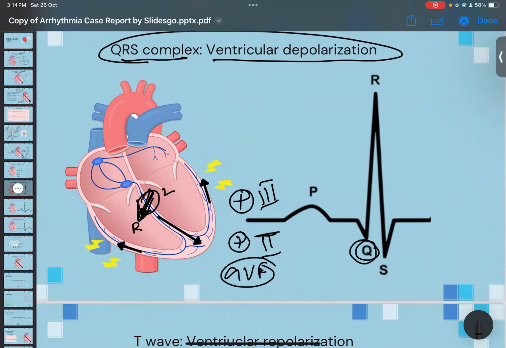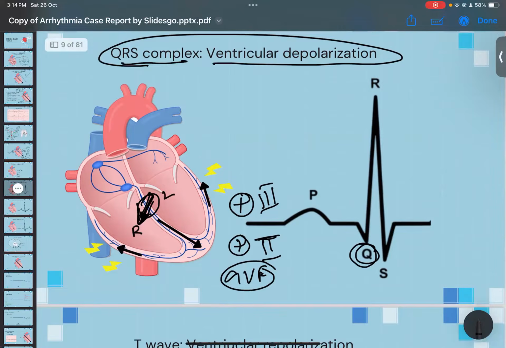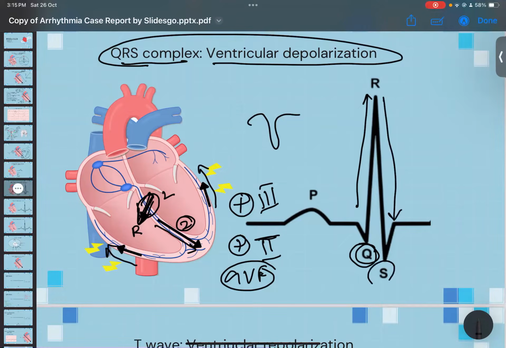Then the next part of ventricular depolarization happens when the electrical activity goes downwards. The vector now points towards these positive electrodes, and you get a strong upward deflection. Then the electrical activity moves upwards to depolarize the rest of the ventricle, and now it's moving away from these positive electrodes, so it creates a downward deflection, as you can see here, and this is called the S wave.